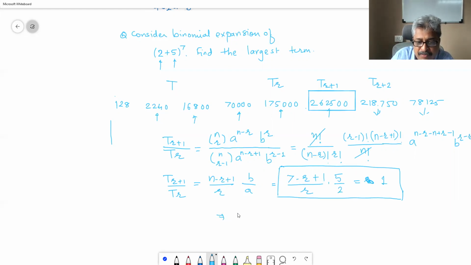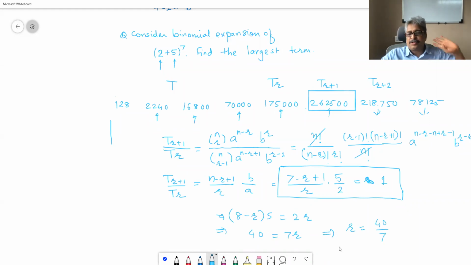I hope you are with me. (8 minus r) into 5 is equal to 2r. That makes 40 equal to 7r. Is that right? That makes r equal to 40 by 7.